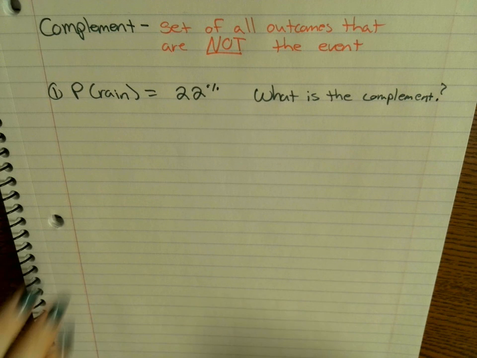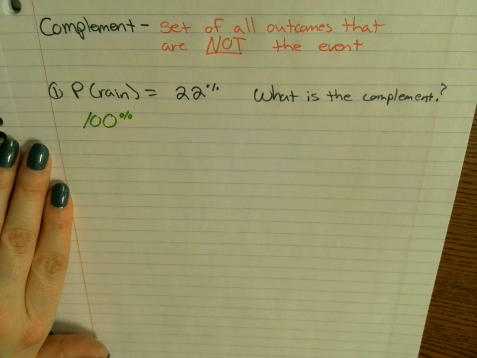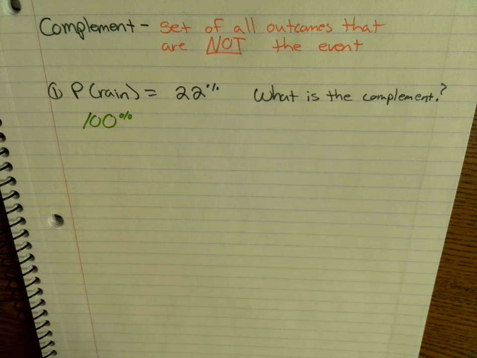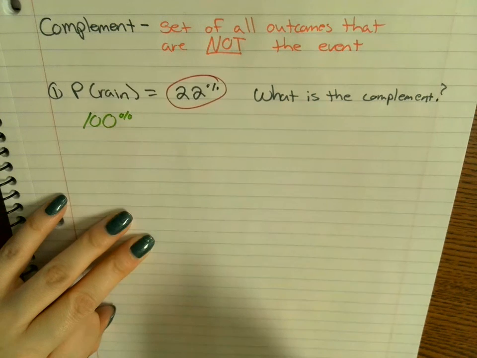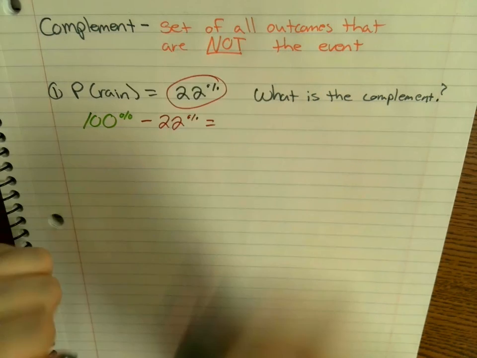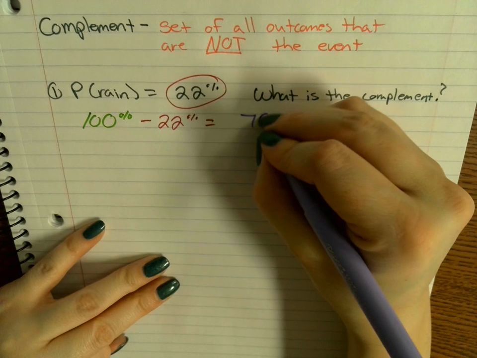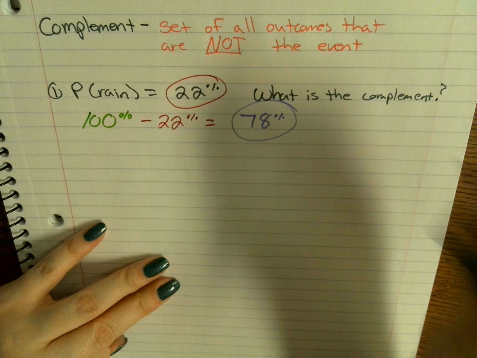So if I take 100%, and I subtract that 22% away from it, that's going to give me 78%. So 78% would be the complement.